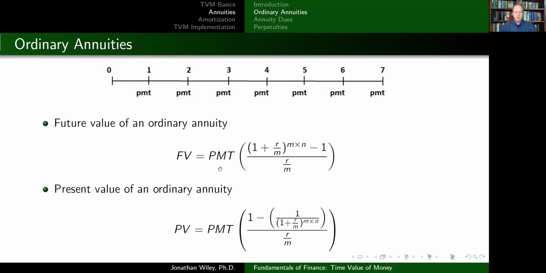So it turns out this formula is built by playing around with perpetuities, using the perpetuity formula and the regular time value of money formula to create a combined formula that finds the present value of this finite series of cash flows.